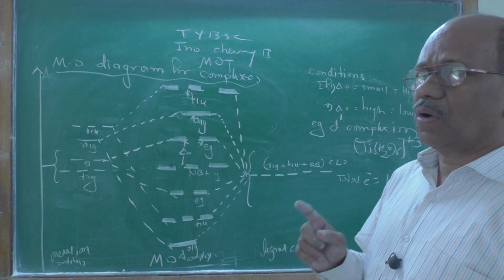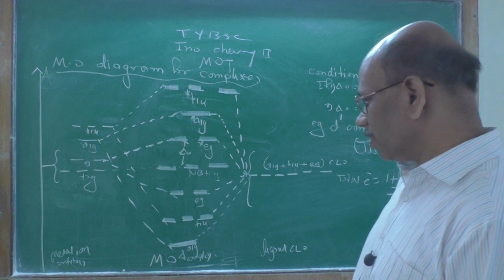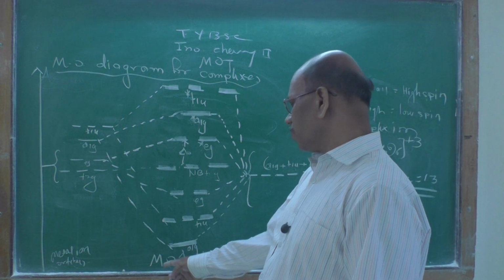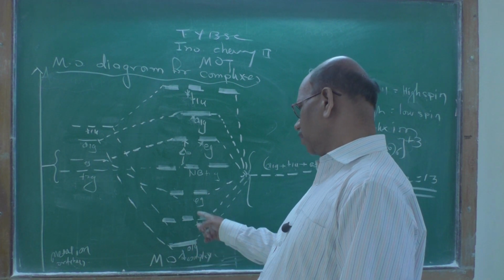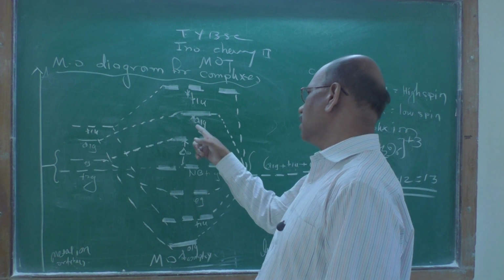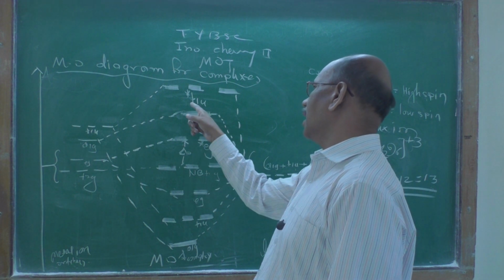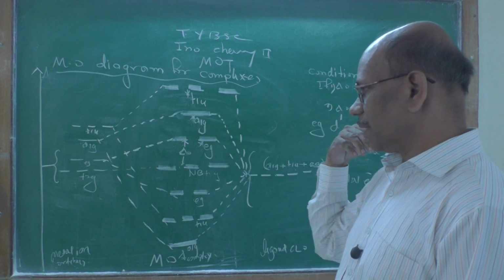Then we have to write the MO configuration. The MO configuration of the complex is A1g, then T1u, Eg, non-bonding T2g, anti-bonding Eg, anti-bonding A1g, and anti-bonding T1u. How many electrons are present?